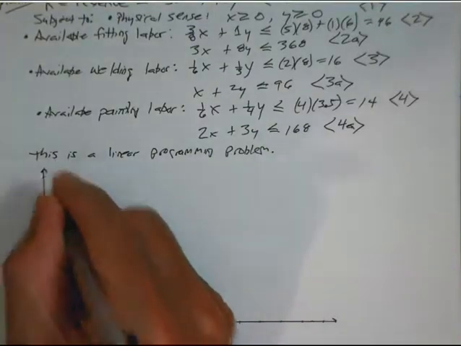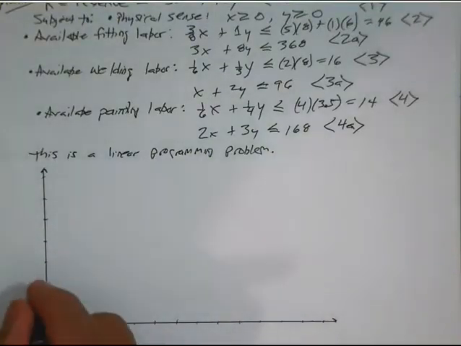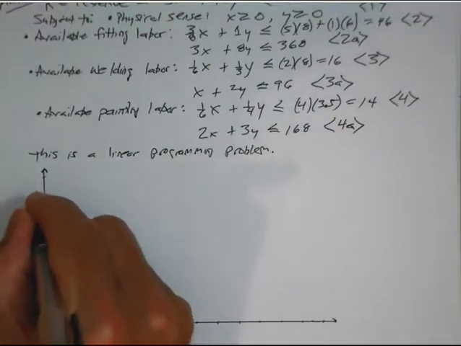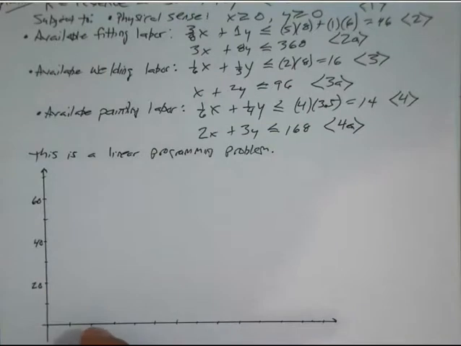Let's do that scaling. So 10, 20, 40, 60, 20, 40, 60, 80, 100, 120. Okay. Alright, and labeling, what's on this axis here, for instance? Well, variable-wise, it's x.